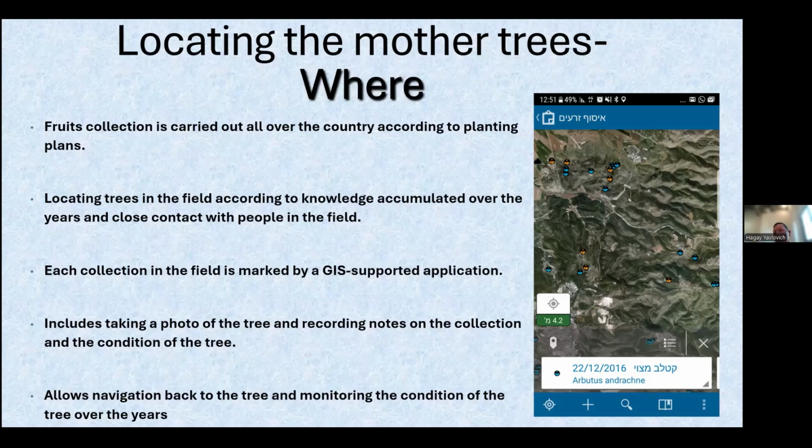So when I get to the tree, I can go to the past and see all the information. I also have navigation in the app, so I can navigate to exactly the tree where I collected last year.